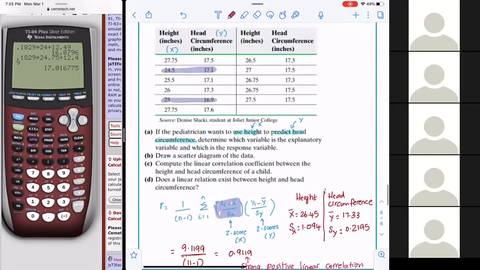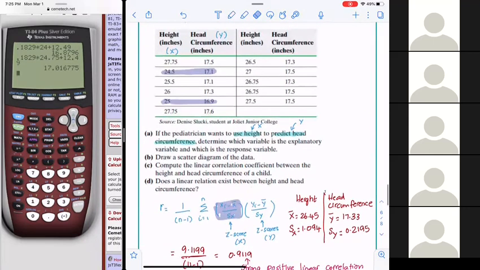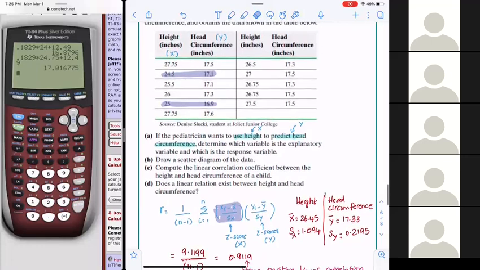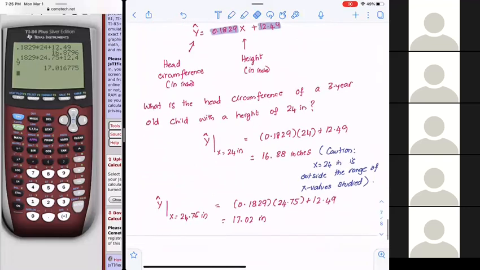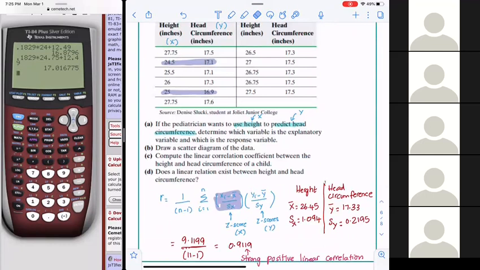And does it seem reasonable? So at 25, we have a value of 16.9, at 24.5, we have a value of 17.1, and 24.75 lies between 24.5 and 25. The predicted y value, 17.02 inches, falls between 17.1 and 16.9.